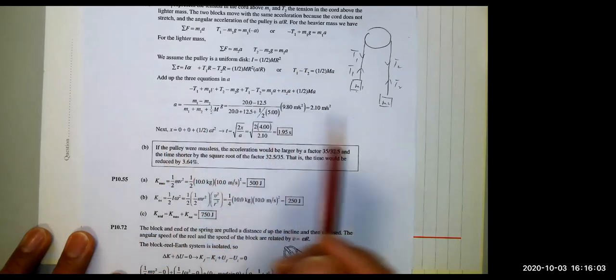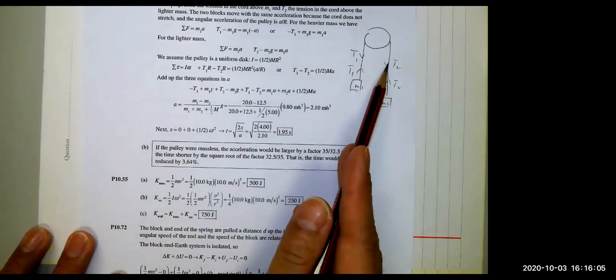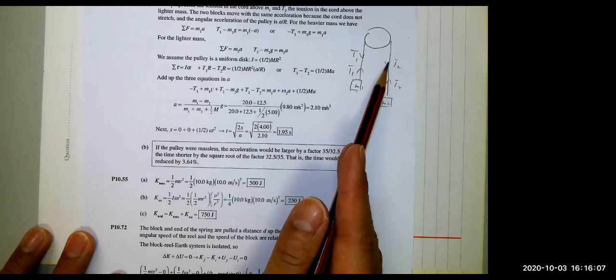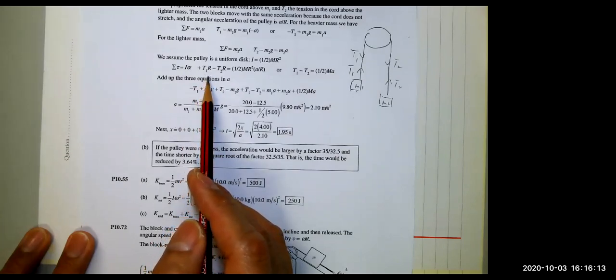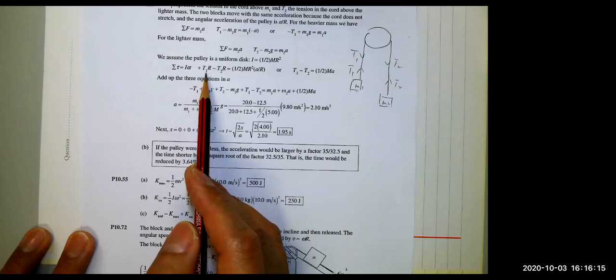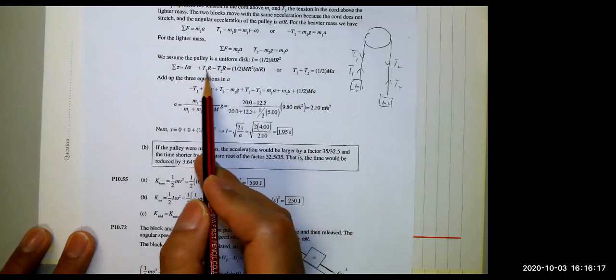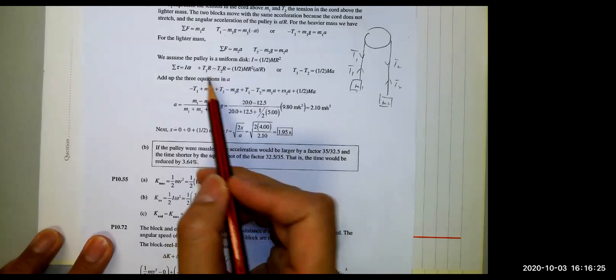And due to the difference in the tension, we could see that there is a net torque. Once again, here we write down the torque. It is giving it a different sense of rotation.